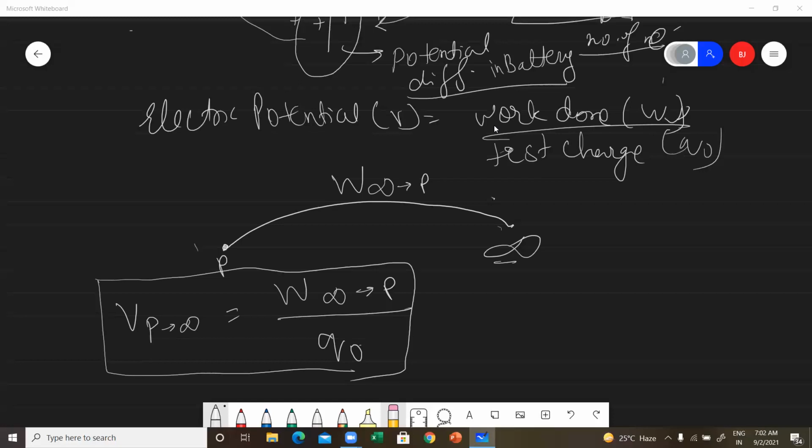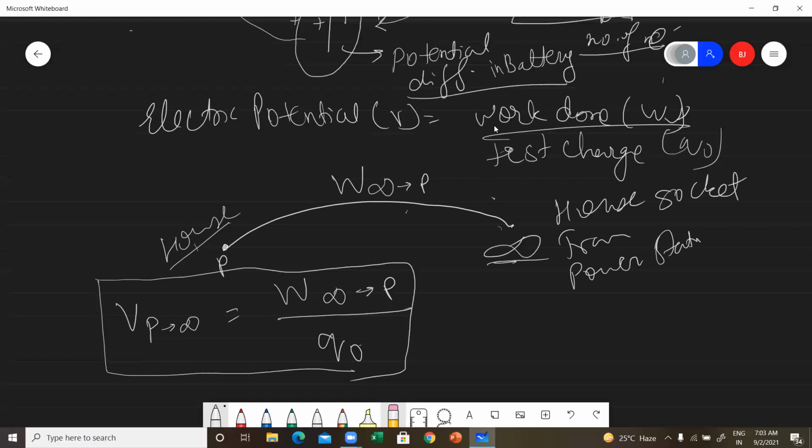Very good. I'm impressed. Correct. And rather than saying the transformer, go to the power station, where the power is generating. That is the infinity source. From the power station to our house. And then we can also say that the house socket has an infinity source.